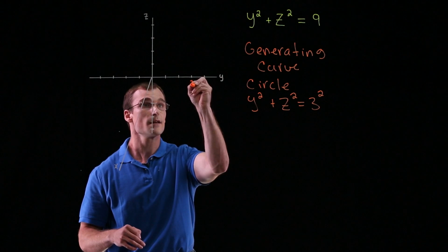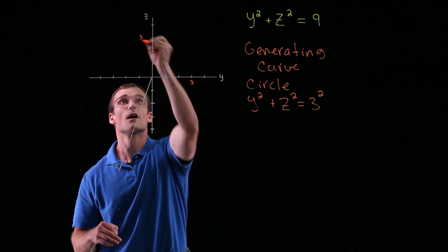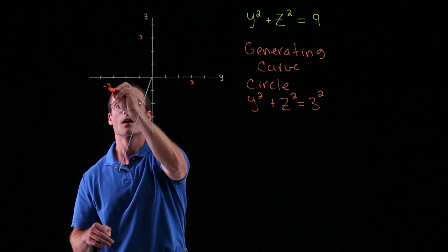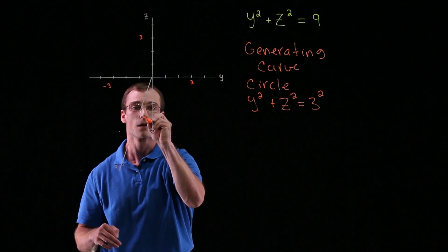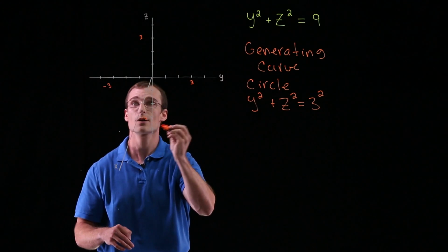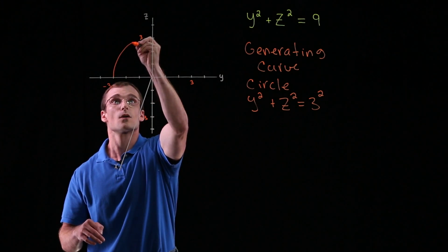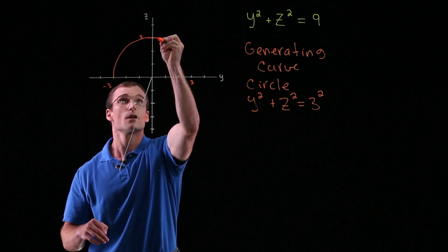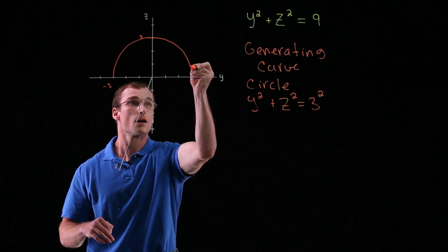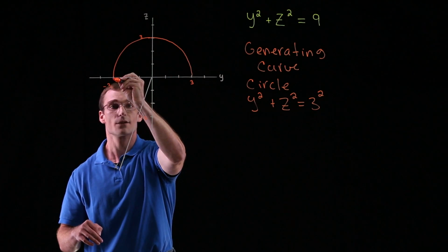So we have radius 3. Okay, so centered at the origin, we're going to draw our circle. Generating curve.